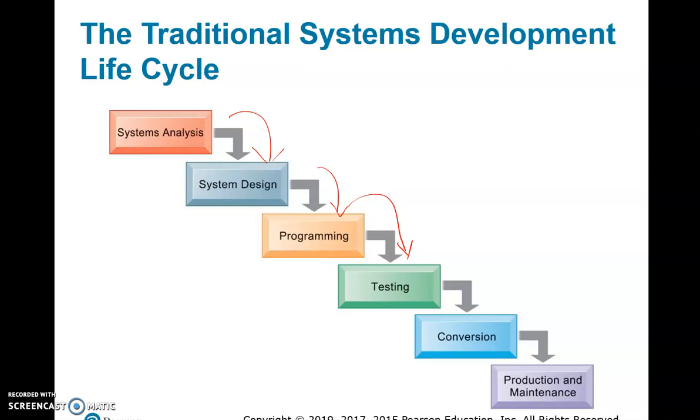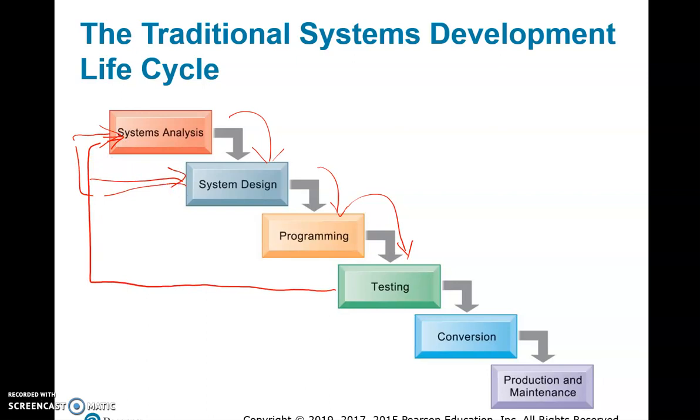Now, the traditional systems development life cycle, SDLC, also has a few things that you need to think about. For instance, if the systems design is not coming out properly, then you might want to go back to the systems analysis and do the analysis a little more. When testing, if something goes wrong, you might want to go back to the systems analysis or to the systems design to redesign.